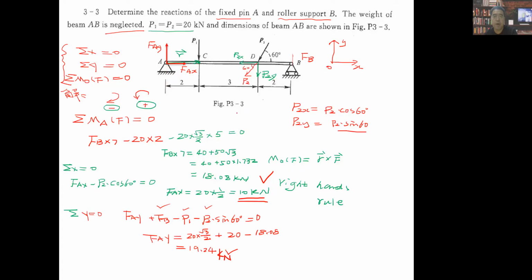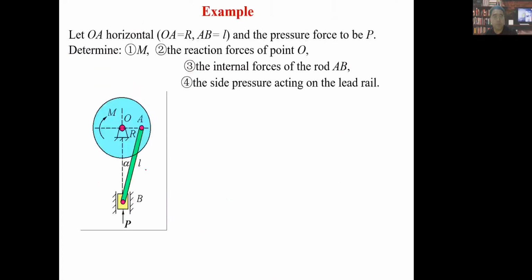So after talking about this homework, we'll move into the example. This example is about a body system. You will find this system is quite complex compared to the homework we just finished, right?